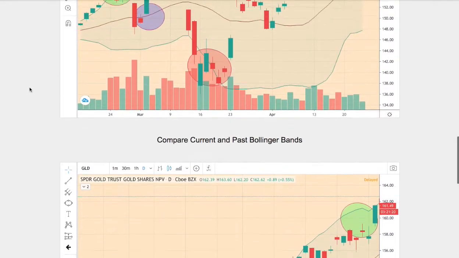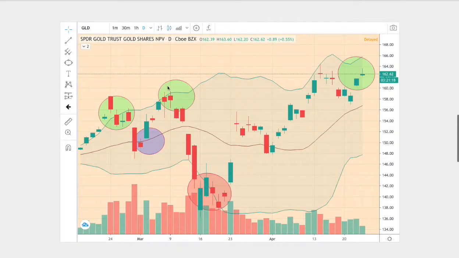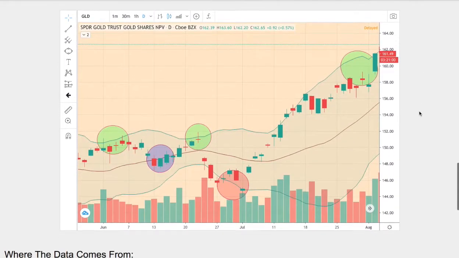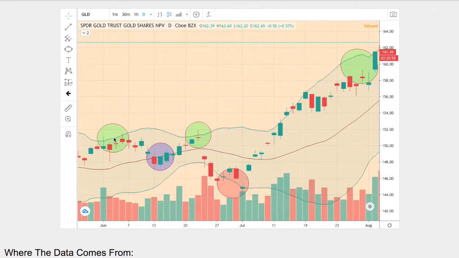So let's compare both trends. On the current trend, we start off at the upper Bollinger Band, dip down, touch the middle Bollinger Band. Again, we reach the upper Bollinger Band until we reverse down, touch the bottom Bollinger Band, and finally towards the end we did manage to touch the upper Bollinger Band. And on the trend in question, we did see 2 points where we touch the upper Bollinger Bands.